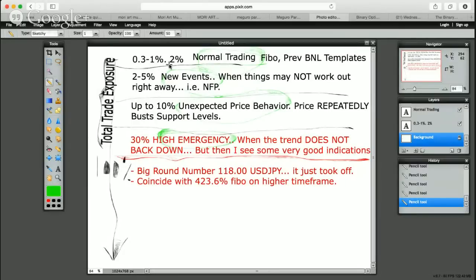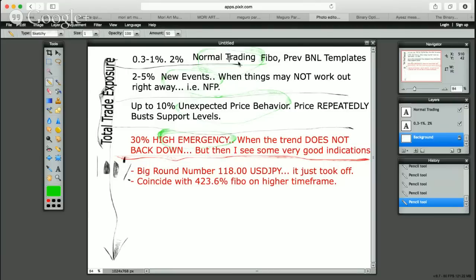So your account is 100%, right? And typically in normal trades, I tend to size like 0.3 to 1% per trade, up to as much as 2% at once.